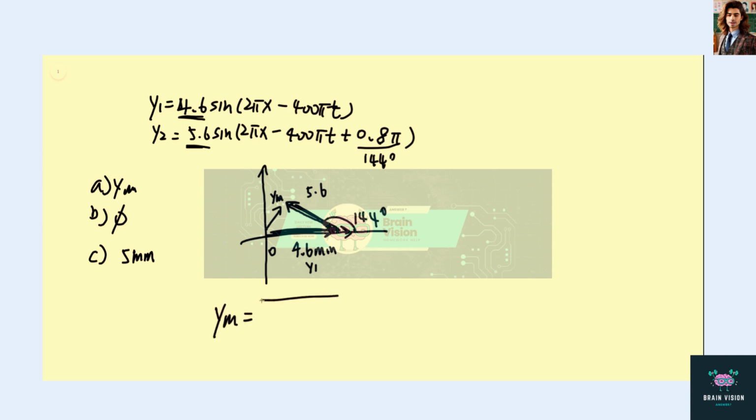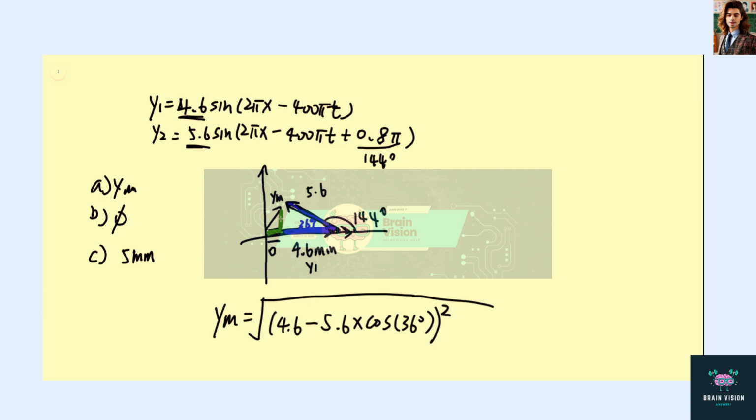We can work out the amplitude. So this distance is 4.6. This distance is 4.6 minus 5.6 times cosine 36 degrees, because this angle is 36 degrees, and 5.6 cosine 36 degrees is this much. So 4.6 minus this much is this little line over here. Then we need to figure out what this vertical one is.